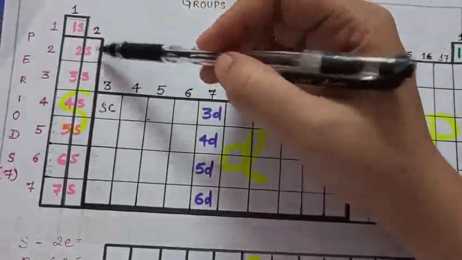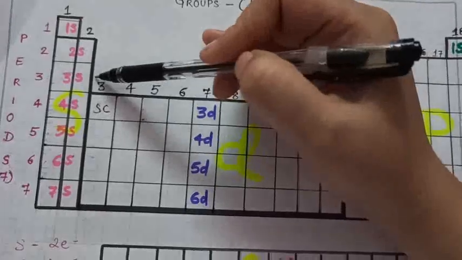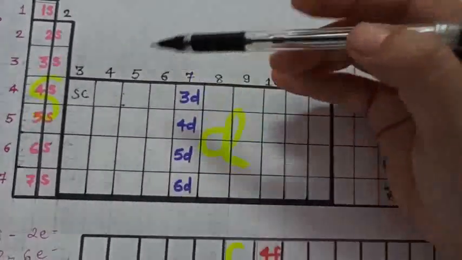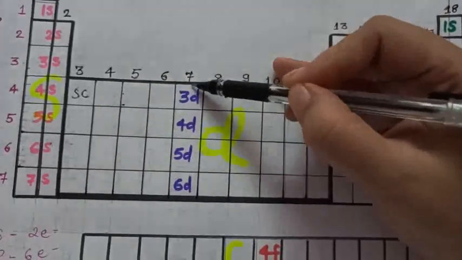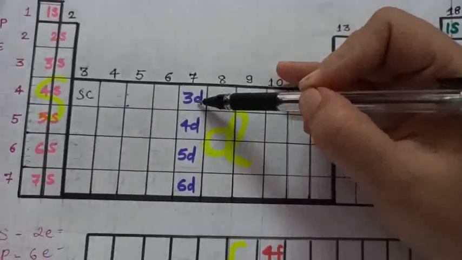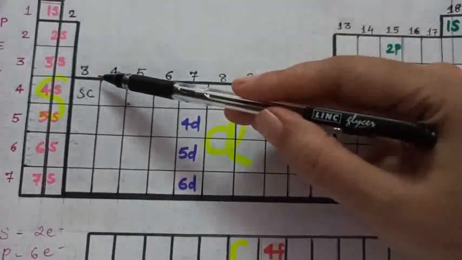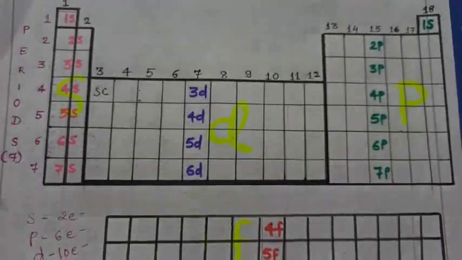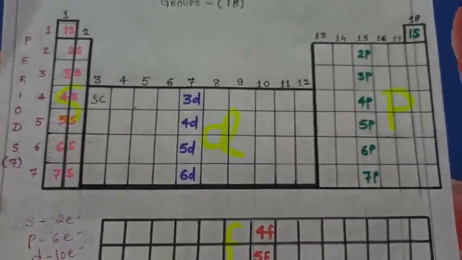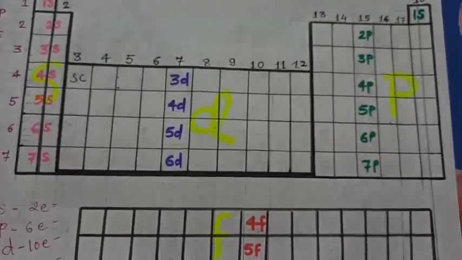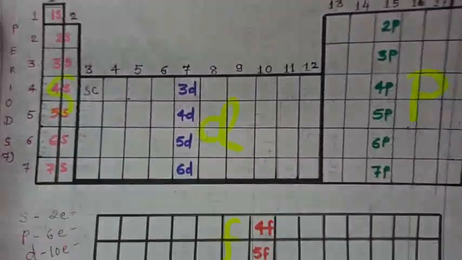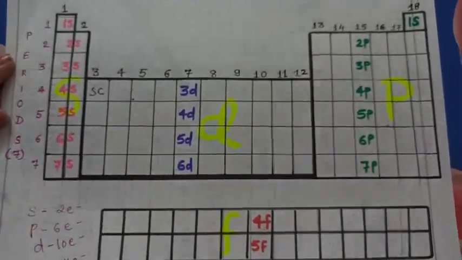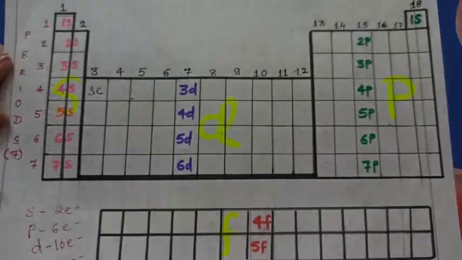This is the third in sequence but the first of D. That is why scandium's electronic configuration is 3d1. Why 3d1? Because it is coming in the 3D series and it is in the first line of D. You can take any example like I have taken scandium and check how this happens, and you will be able to justify all the elements and their positions with respect to the blocks, groups and periods.